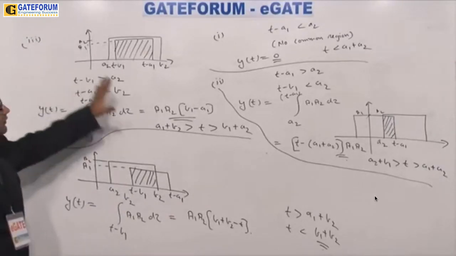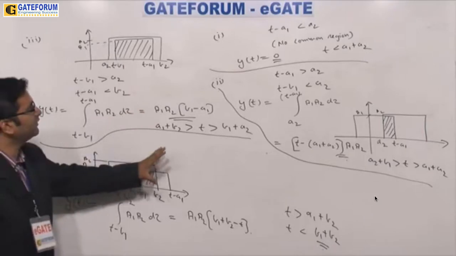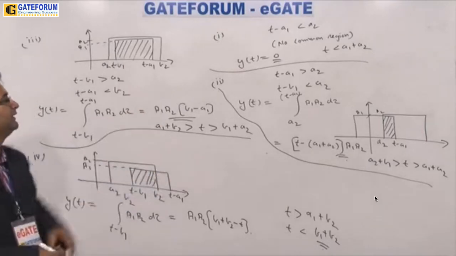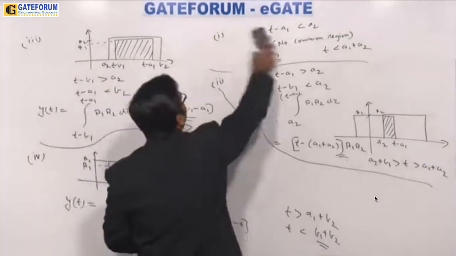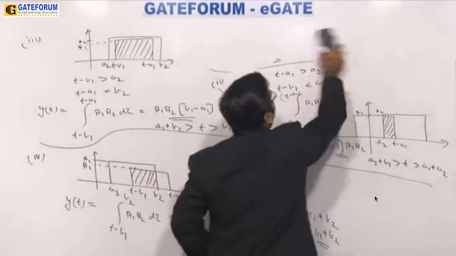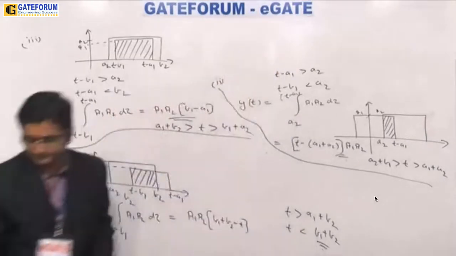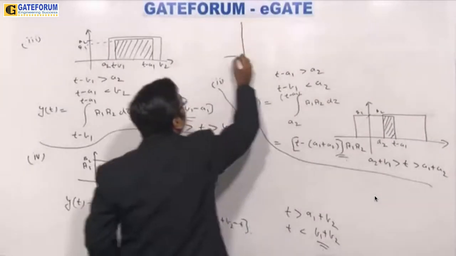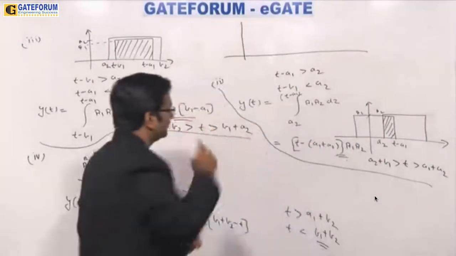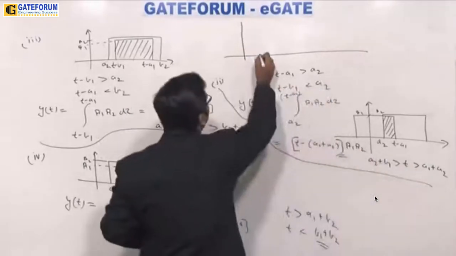Now let us draw the complete figure, what happens at the output y(t), how to plot the output y(t). For that, I'll rub this part and consider the 3 regions. The first region is this. Output starts coming from A1 plus A2.